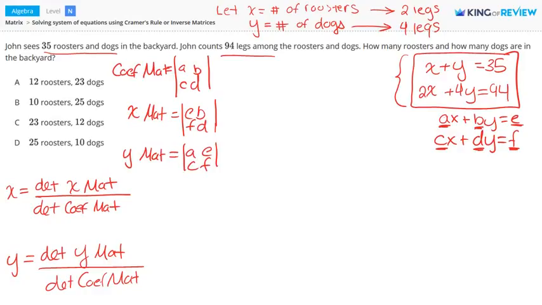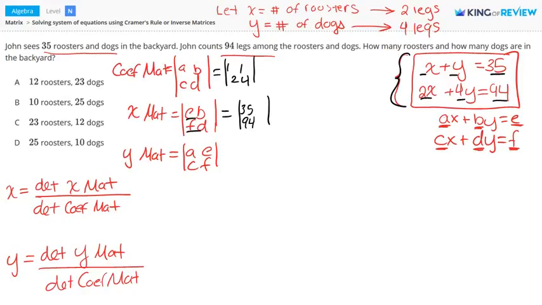So let's plug in our specific values. Again, we're looking at our system here. What are the coefficients? Well, we have 1, 1, 2, and 4. So 1, 1, 2, 4. Now for the x matrix, we start with E and F. And those are the constants, 35 and 94.